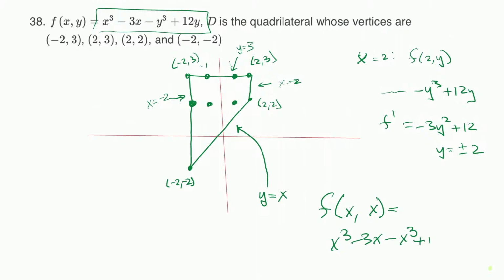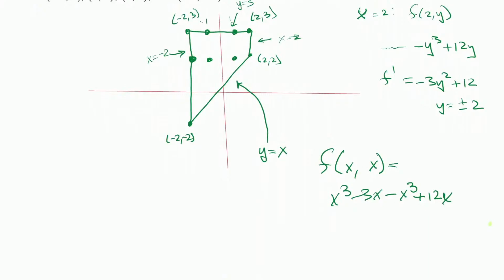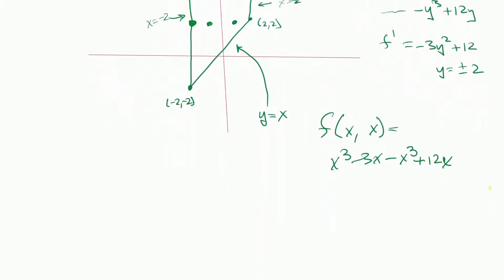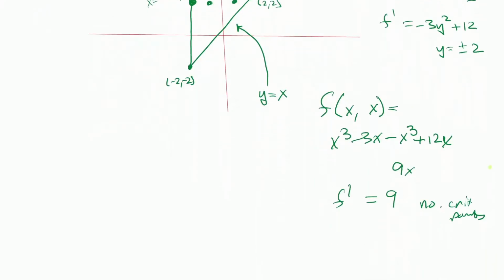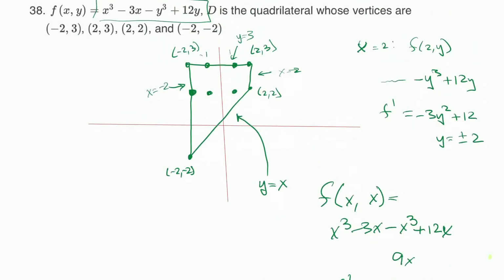This is way easier than if it was a horizontal line. Okay, I don't feel so bad. Okay, that's just 9x, and f prime is 9. There are no critical points. Isn't that right? No critical points there because you have a constant, and it's just a constant 9x. So a linear function. So very nice.